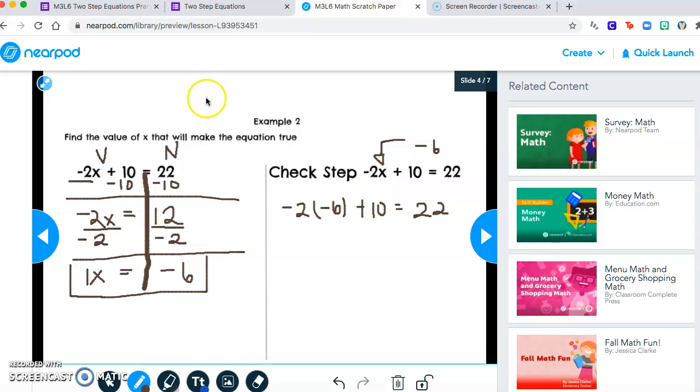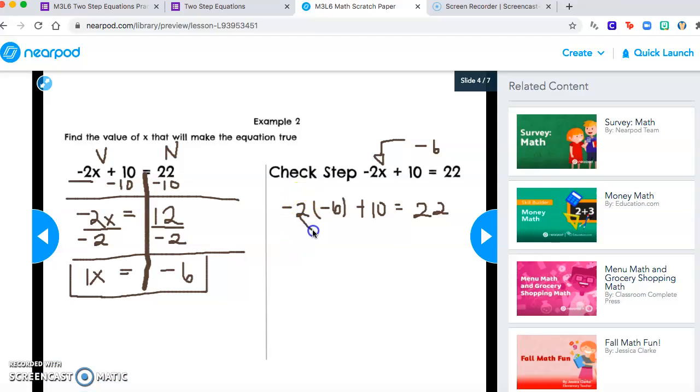Okay, so here's the deal. Remember, if they're the same sign, so if I multiply a negative times a negative, I will get a positive, right? That's why when we divided two negative numbers, we get a positive.